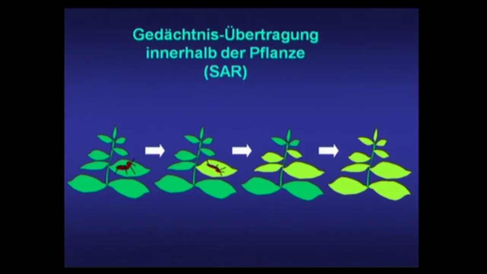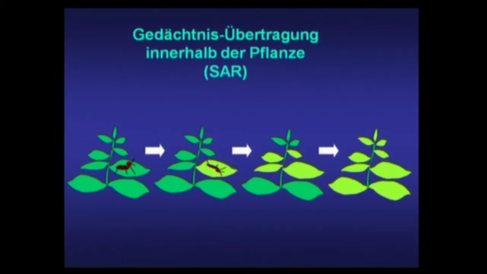An interesting method for the transmission of memory consists in the transmission of information between individual parts of a plant. This plant is infested by a pest. That leads to the production of defense mechanisms. The leaf shown in bright yellow.